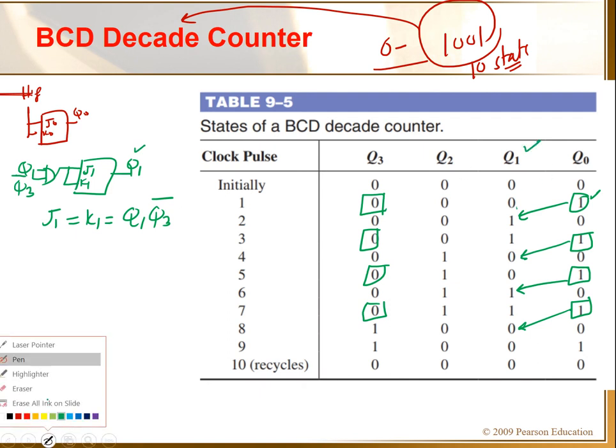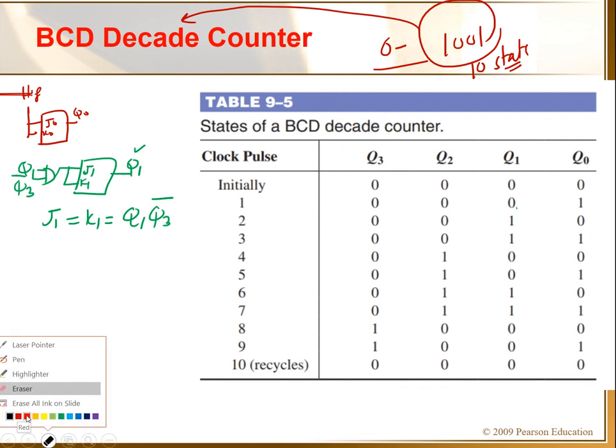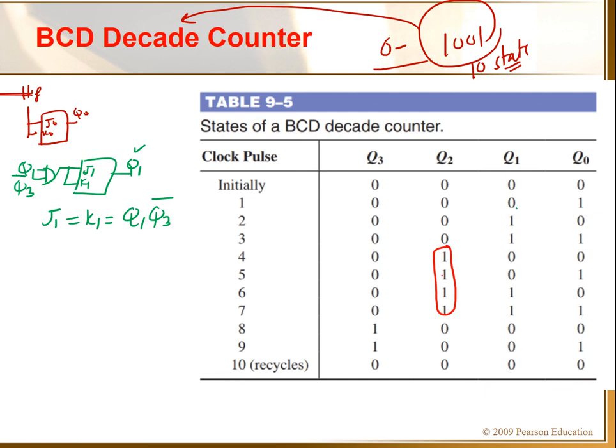Now if we look at the Q2 case, if we closely look, we can identify its logic also. So when is the Q2 state changing? Q2 state is changing here, when both Q0 and Q1 are high.